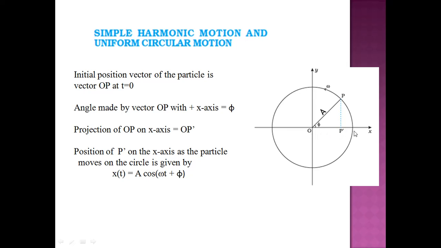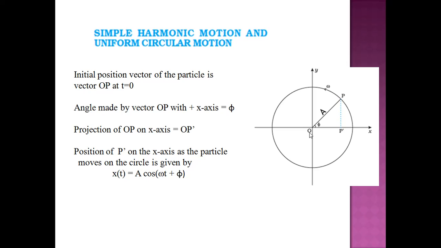This OP dash will execute an oscillation or simple harmonic motion. The initial position vector of the particle is vector OP at t equal to 0, as I have been explaining.